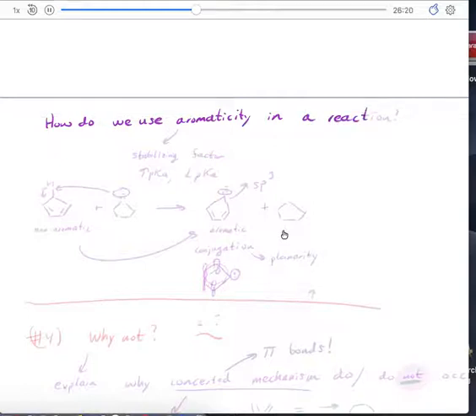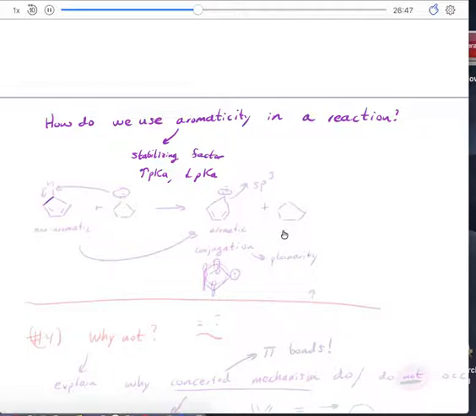Does someone ask me this question? Well, thank you for asking. This is how we're going to do it. So aromaticity is yet another stabilizing factor that can increase or lower the pKa in several different ways.